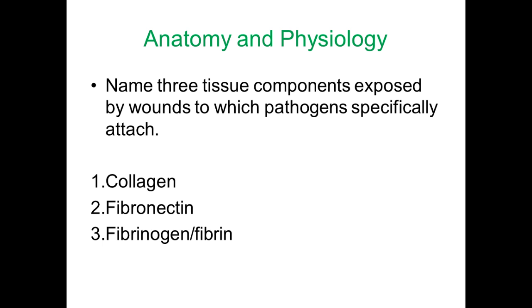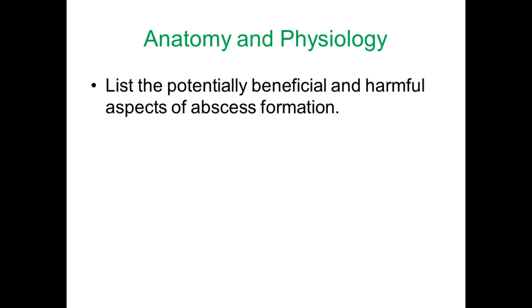So these are your components, right, that they're attaching to. But this stuff isn't available unless the skin is breached, right? This is at the tissue level. There's really no way to stop them from sticking to this, unfortunately.